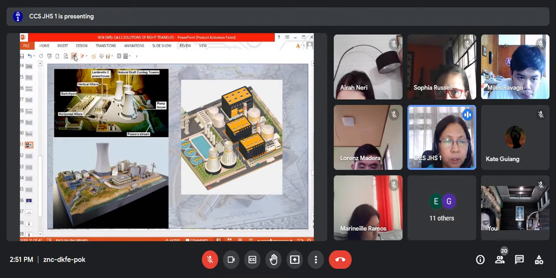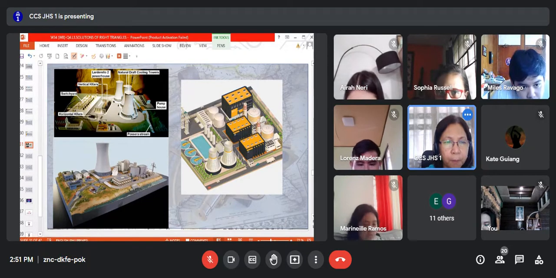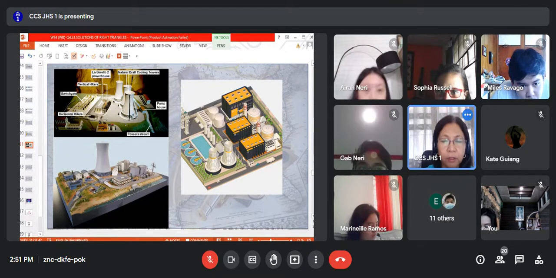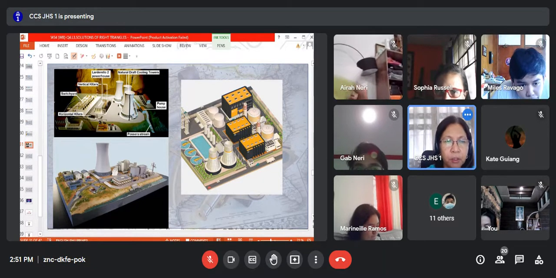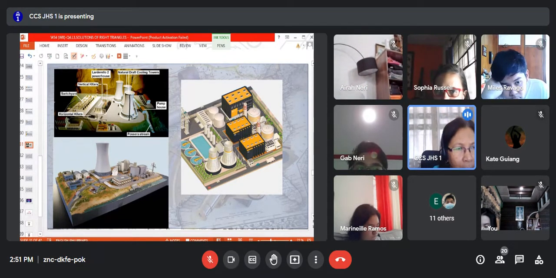you are going to measure the height of this cooling tower. You don't know the height of that cooling tower in reality, okay? And then you're going to measure the angle of elevation from this powerhouse here.